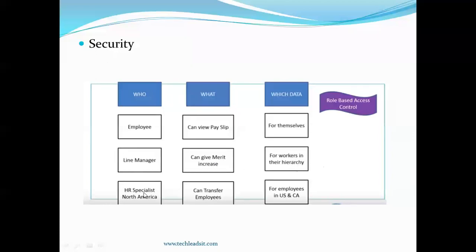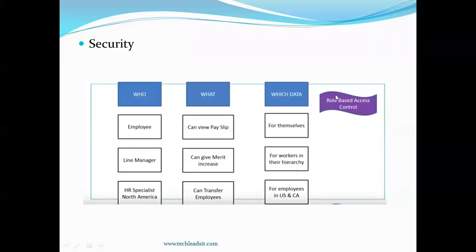For an HR specialist in North America, they can transfer employees in their BU, but not other BUs. Like this, we can control all access by using role-based access control.